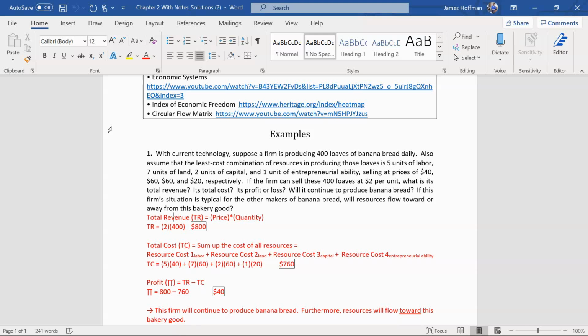So in a one good business, total revenue is just price times quantity. Alright, so the price of banana bread is $2 and we sell 400. So that gives us a total revenue daily of $800. Right, so 2 times 400 is 800 for revenue.